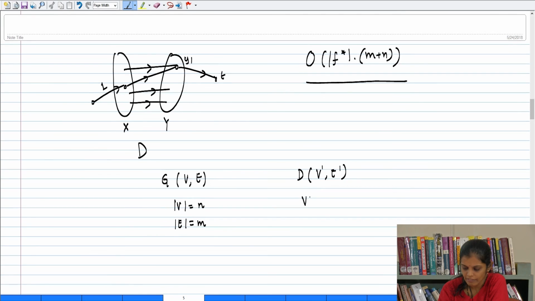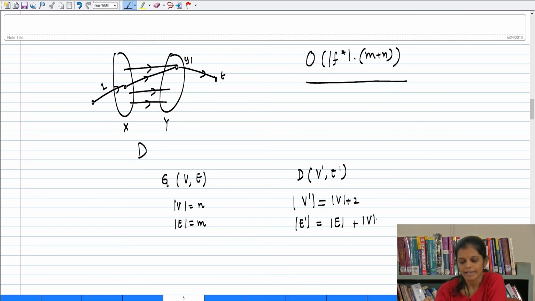That is simple. The cardinality of V prime is just V plus 2 because we have added 2 vertices. What about the cardinality of E prime? It certainly has all the edges in the original graph plus some additional edges, plus V, because exactly one edge we have added extra for each vertex. So we have not increased the size of the graph too much.